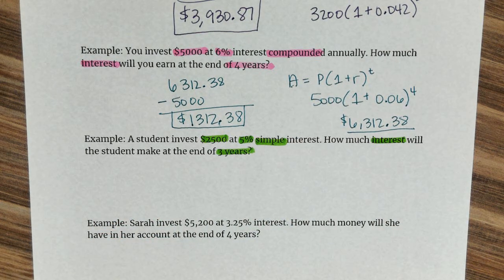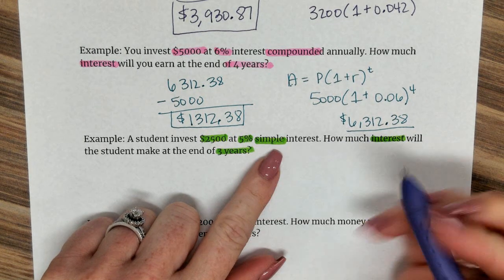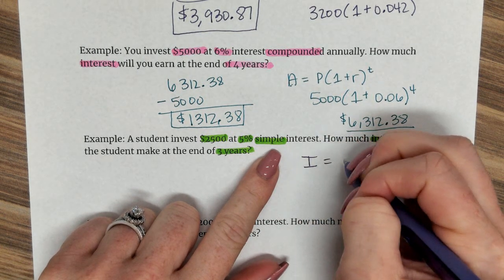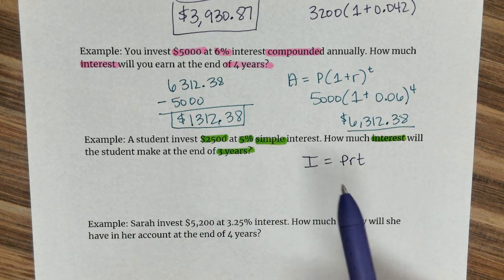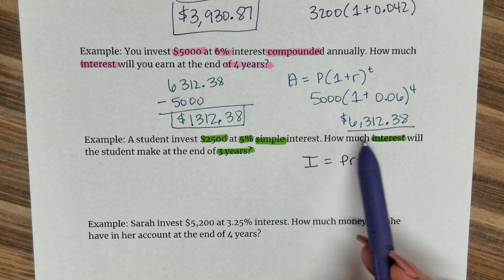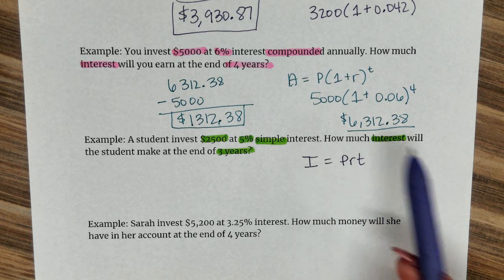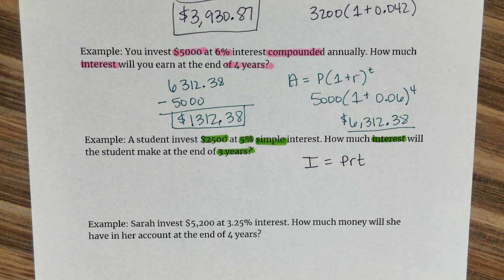All right, so the first thing I'm going to do is write down the formula for simple interest. So which one is it? I equals PRT. What does this formula solve for? Interest. Is that what the question's asking for? Yes, so all I have to do is P times R times T, and I have my answer.